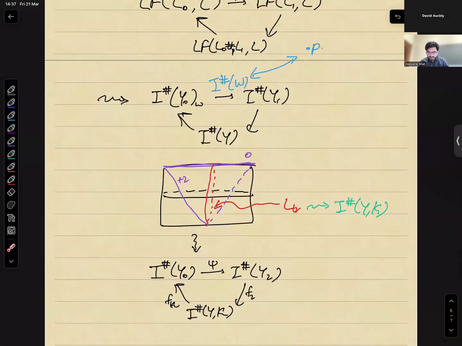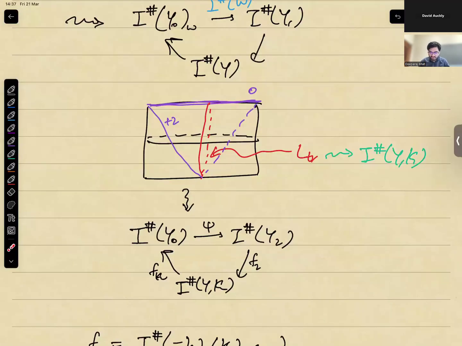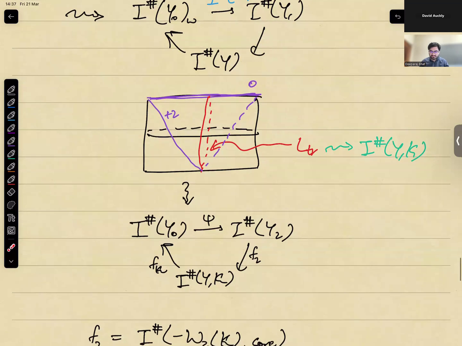For instance, you have this map psi that corresponds to looking at these two loops. Now, these two intersect at two different points, so you expect psi to be a linear combination of the morphisms corresponding to these two points. The other ones are much simpler because this loop intersects this one at exactly one point, and this one also at exactly one point, so there isn't much ambiguity about figuring those out.